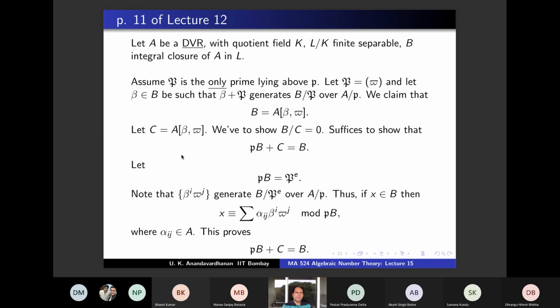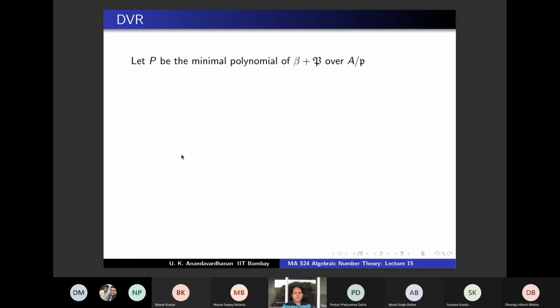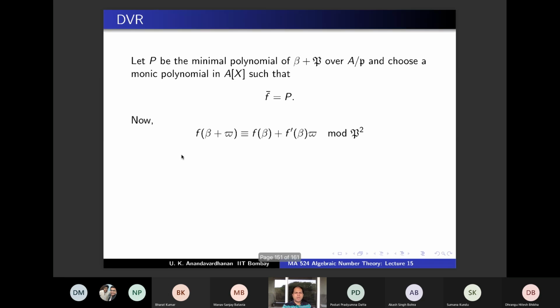We can push this a little bit further, and let's do that. So let P be the minimal polynomial of this beta plus P over A by P, and choose any monic polynomial in A whose reduction mod P is this minimal polynomial capital P. And then this is just basic formal computation.